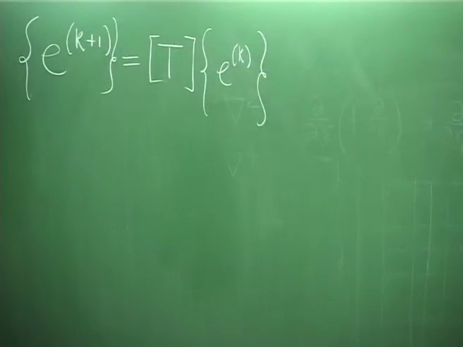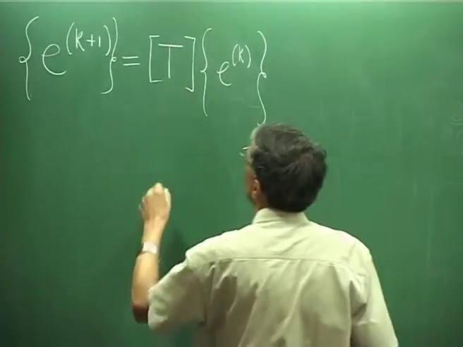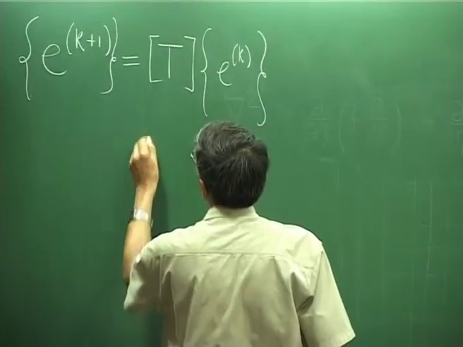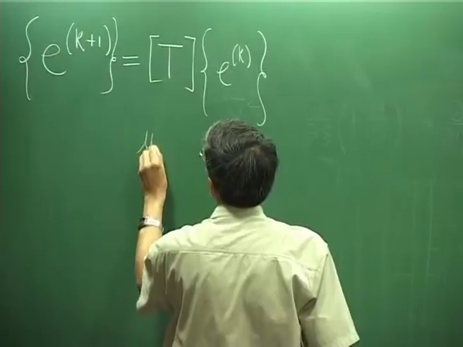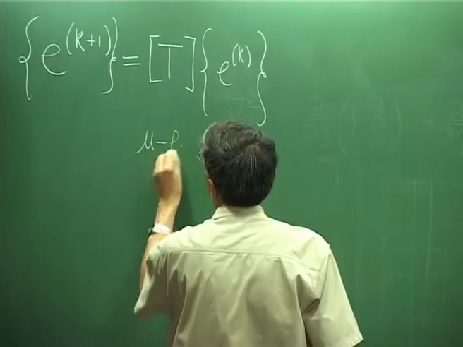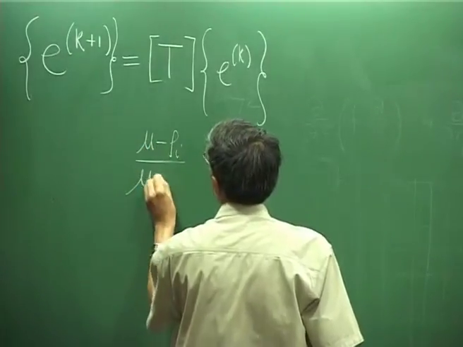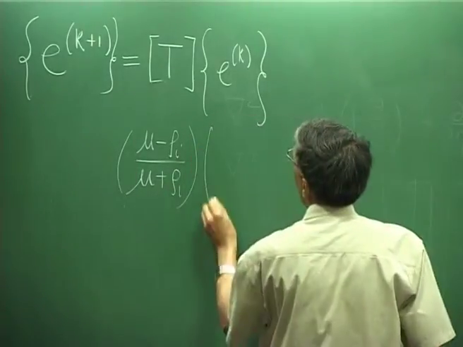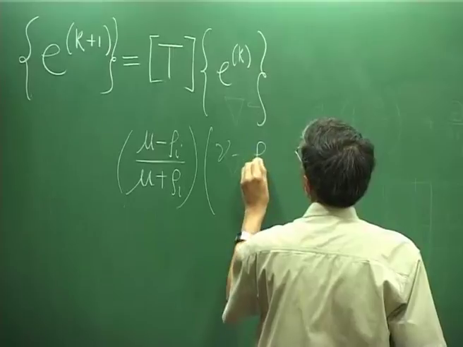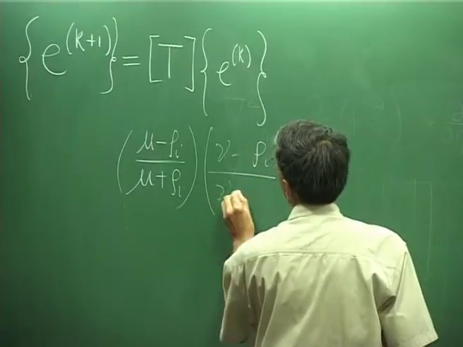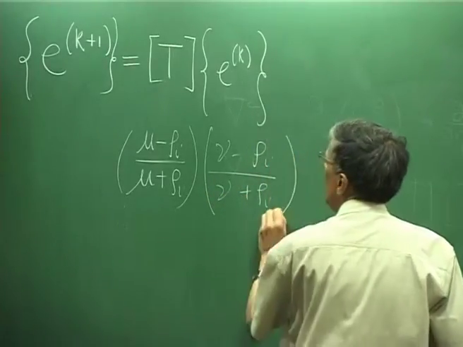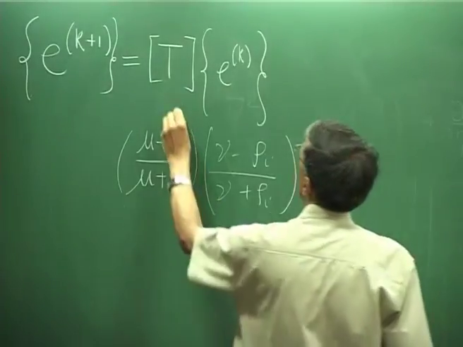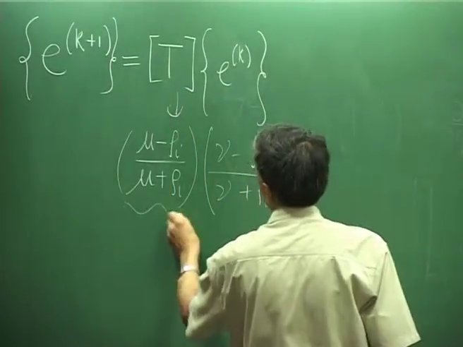Now, what we found is that this itself, in a norm fashion, gives me mu minus rho I, mu plus rho I, and nu minus rho I and nu plus rho I. Let us look at one of these factors.